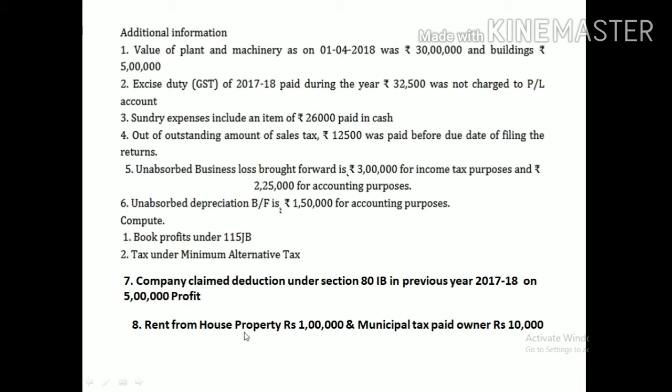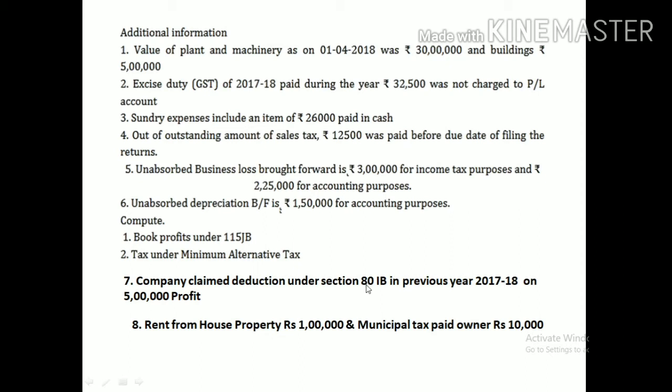See, this is very important; we have a deduction here, the seventh one. Please observe, in the previous year 17-18, they claimed deduction under section 80IB on 5 lakh profit.